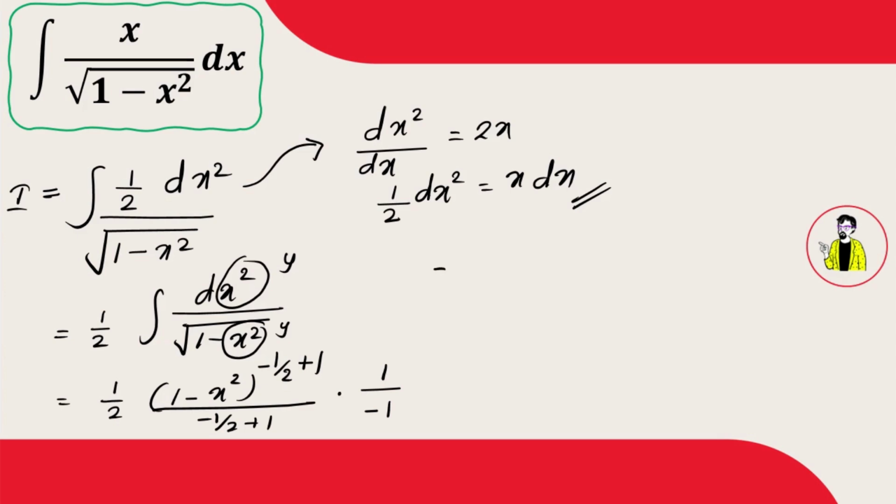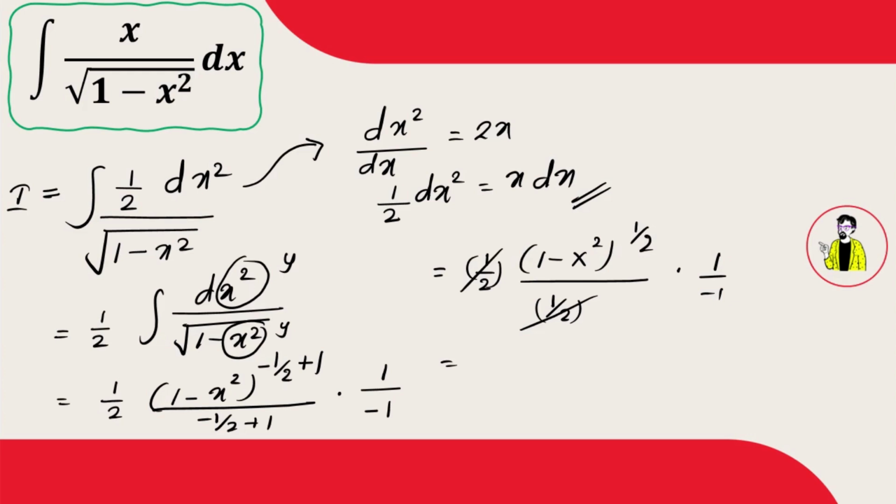So we simplify this one further. 1 minus x squared to the half over half into minus 1. So this half and this half cancel. So the final answer is minus square root 1 minus x squared.